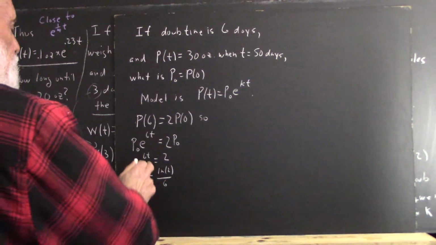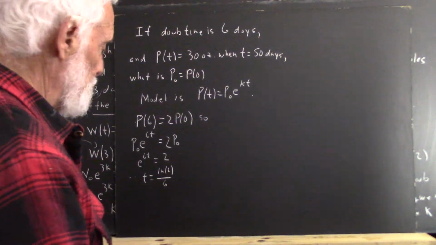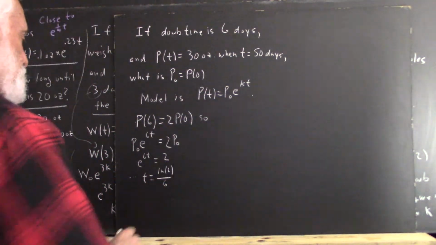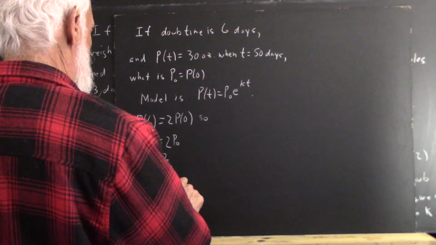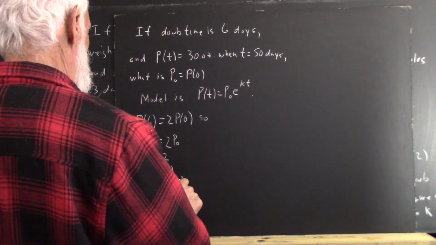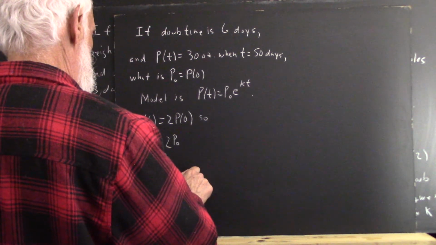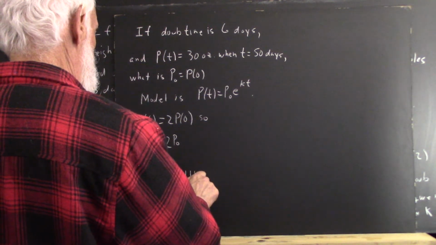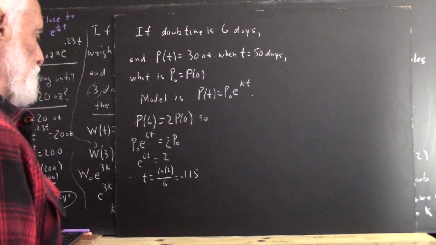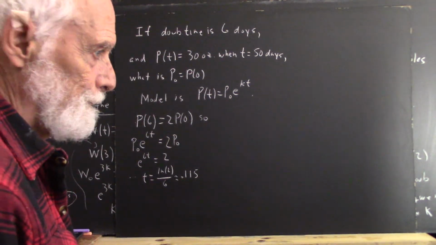So you get k is the natural log of 2 over 6. It's approximately 0.115.